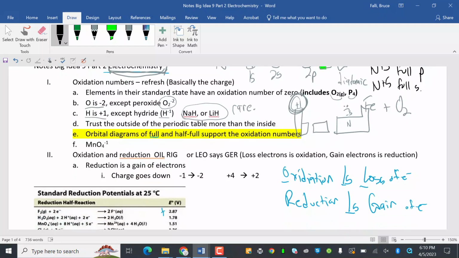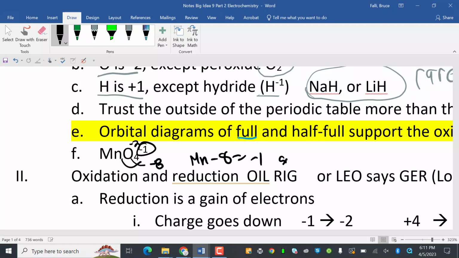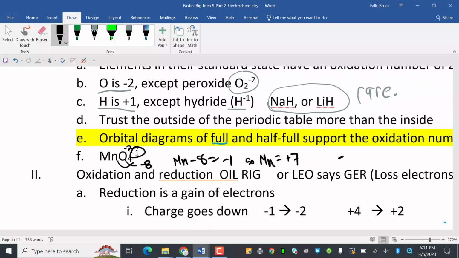Okay, and then I give the example of MnO4. Oxygen, first rule, oxygen's -2. So that means these 4 are going to be -8. So Mn -8 equals -1, so Mn equals +7. Okay.